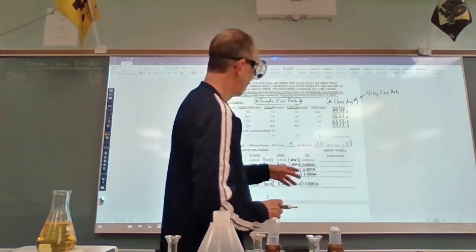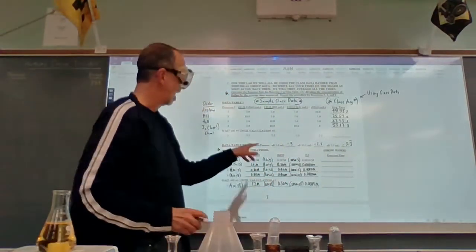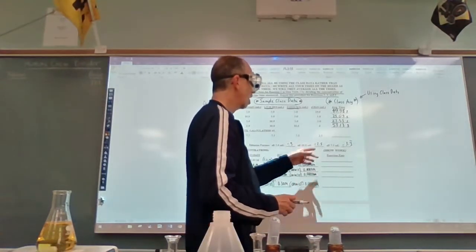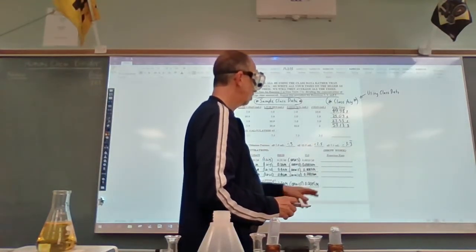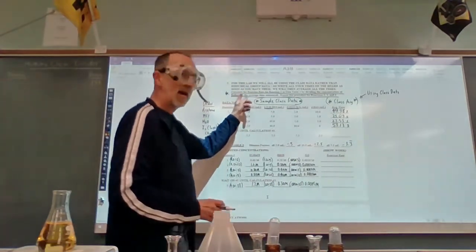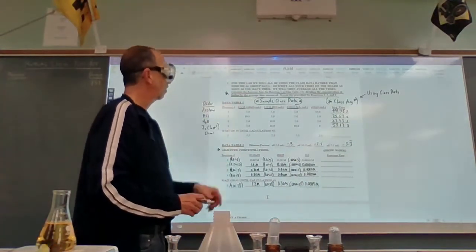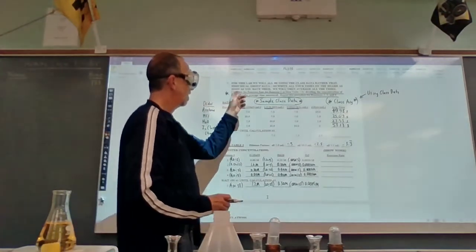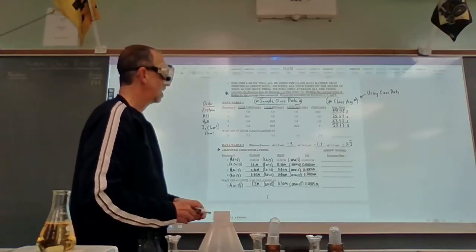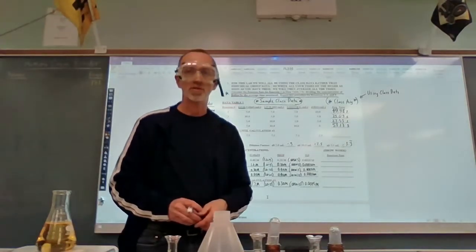Now we're going to run down here. We're going to wait on number 5, as the instructions say here. And what we're going to do now is determine the rate of this reaction. Now I'm going to go back up here to the number 5 in our instructions. We calculate the reaction rate by dividing the concentration of iodine by the average time measured.